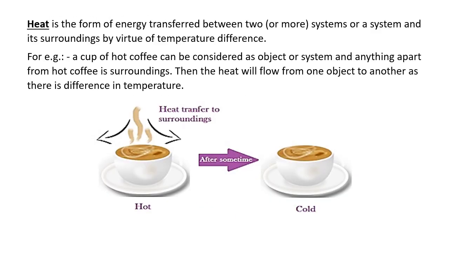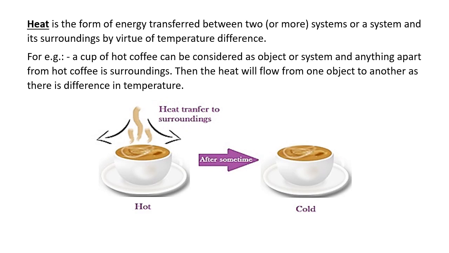Heat is a form of energy transferred between two or more systems, or a system and its surroundings, by virtue of temperature difference. For example, a cup of hot coffee can be considered as the object or system, and anything apart from the hot coffee is the surrounding.